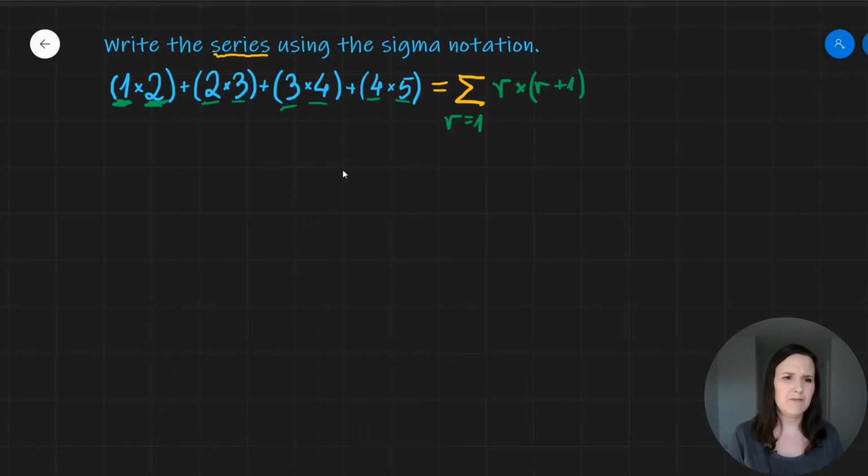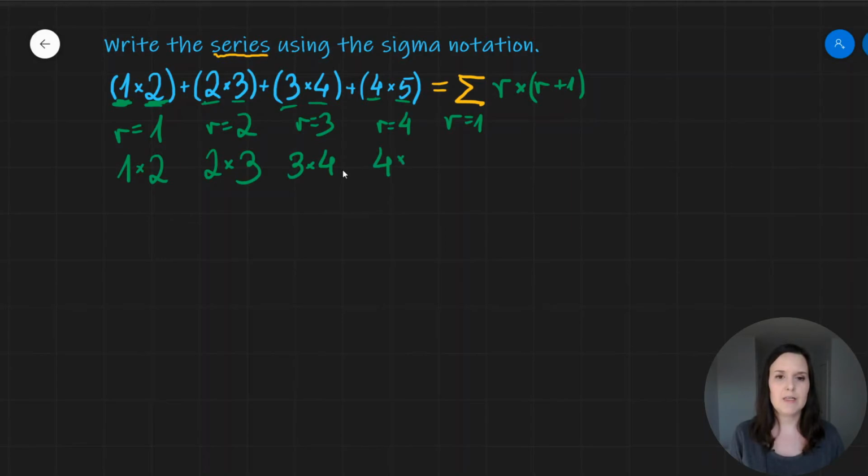Does it match? Yeah, for r equal to 1, r is 1, and you multiply it by 1 more, so 2. For r equal to 2, you get 2 times r plus 1, so 3. For r equal to 3, 3 times r plus 1, so 4. And for r equal to 4, you take the r and multiply it by r plus 1, so 5.